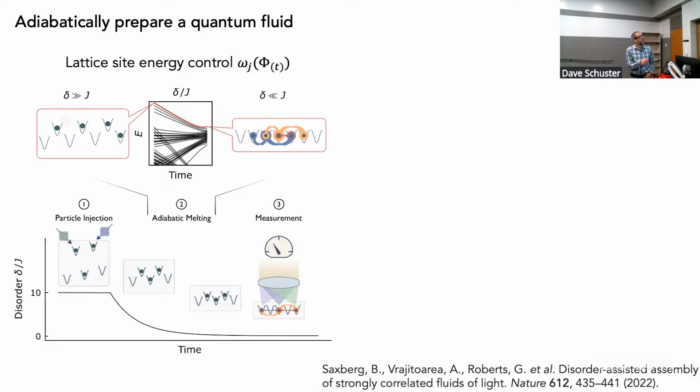If we disorder it, everything is localized, and we can have individual control and do all our qubit tricks. But then if we put it back together adiabatically, maybe we can melt it into some interesting many-body state. As long as we do that on a timescale short compared to losing the particles, we can hope to have a fixed number of particles.